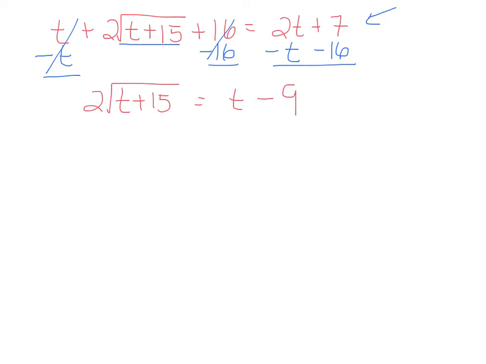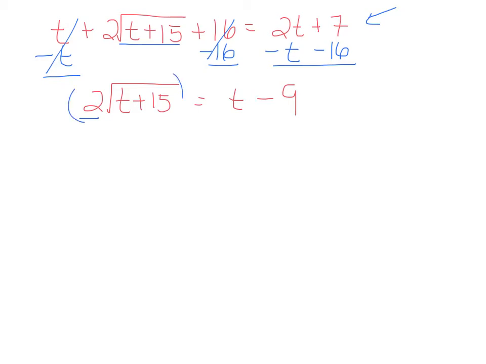At this point we have two options. We could divide both sides by 2, or we could leave it over there. Leaving it on the left-hand side, whenever we square both sides, it's not too difficult to do that. So I'm actually going to leave it over there because otherwise we'll have a fraction on the right side.